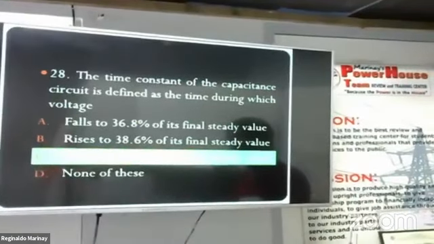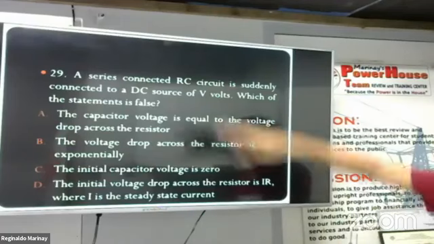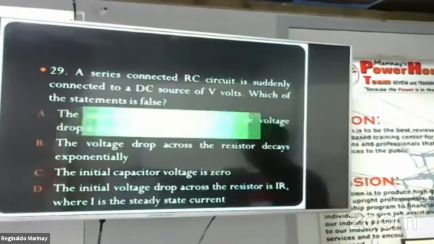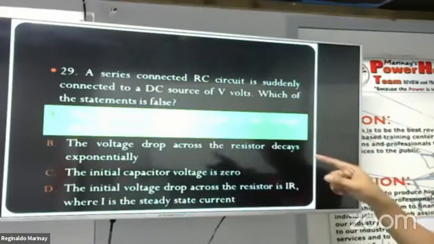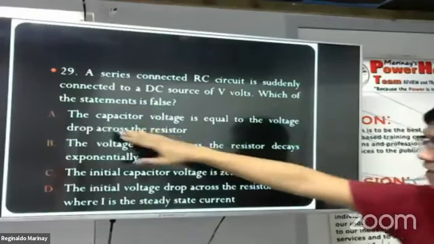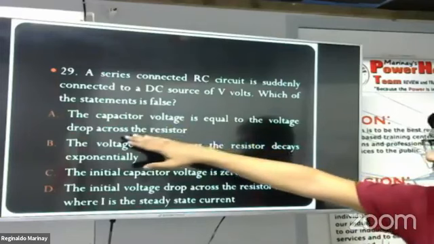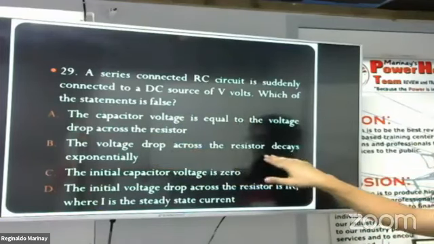Okay, next number. A series connected RC circuit is suddenly connected to a DC source. Which statement is false? Because it is suddenly connected to a DC source, this statement is wrong. Letter A, the capacitor voltage is equal to the voltage drop across the resistor. This is correct. The voltage drop across the resistor decays.